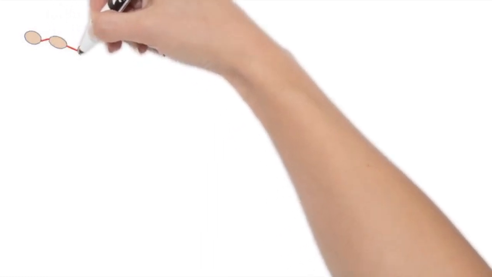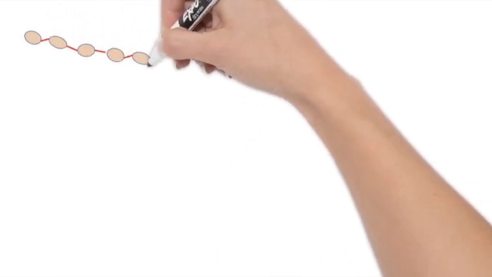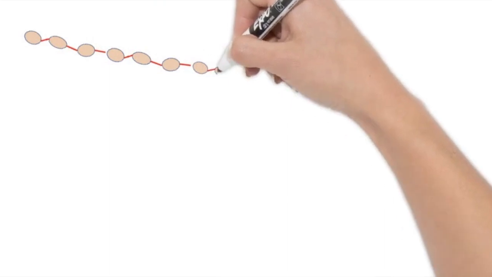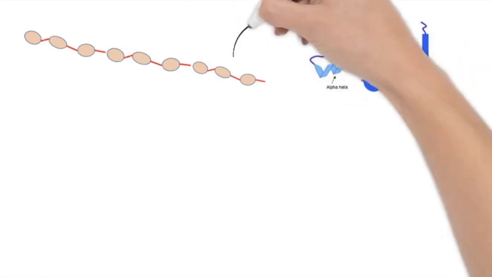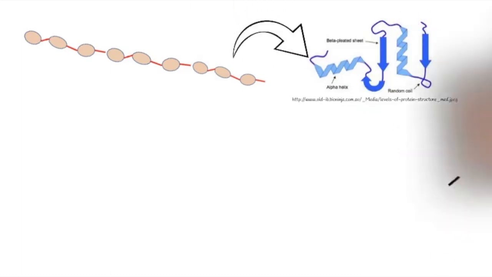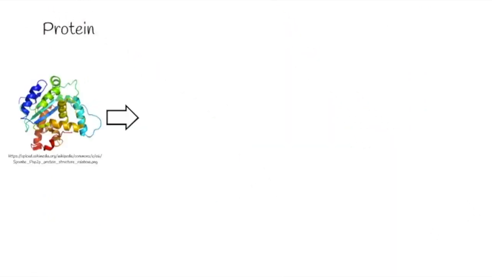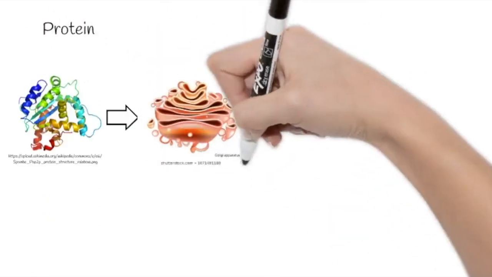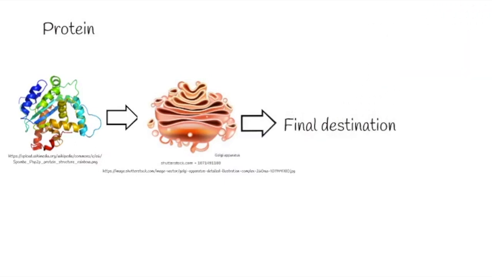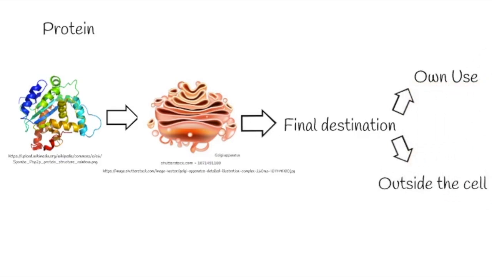As a result of this process, each tRNA will bind with the codon and at the same time release the amino acid. This amino acid will bind to the next amino acid, forming a long chain of amino acids known as a protein. The newly formed proteins will go to the Golgi apparatus to be delivered to their final destination, which could be for its own use or to be sent outside the cell.